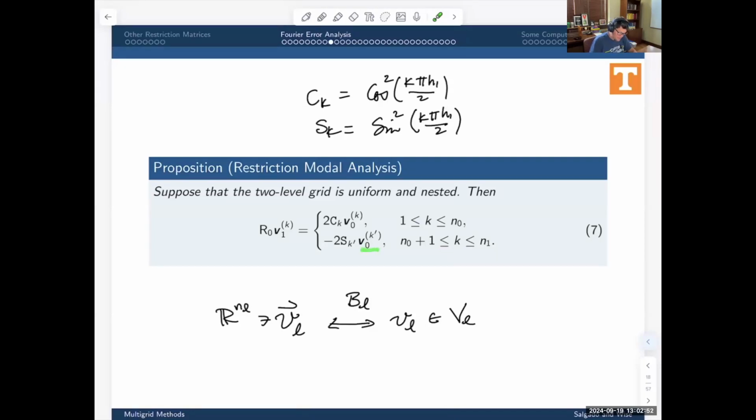So this is how it gets translated into a low frequency mode, and it gets transmitted with the prefactor of -2 sine squared k prime pi h1 over 2. Okay, so we proved that last time. The proofs of this in this section are simultaneously easy and hard. Easy in the sense that it's just trigonometry, and hard because the trigonometry gets to be a little bit complicated. So this one we established last time.